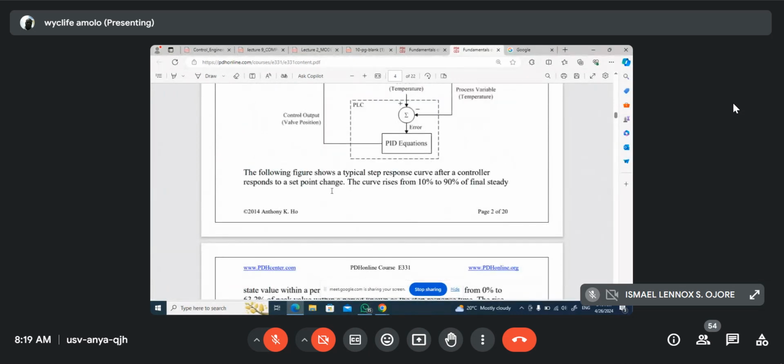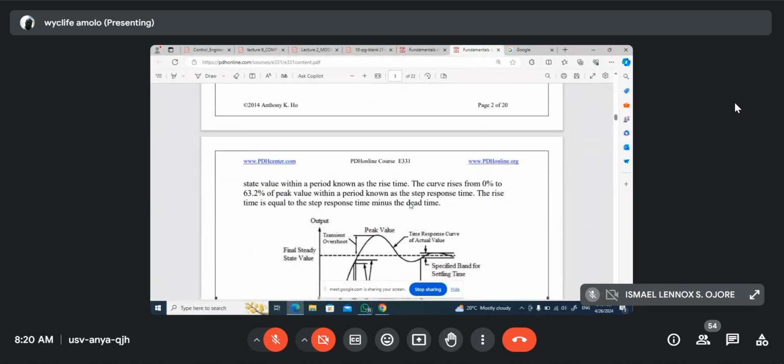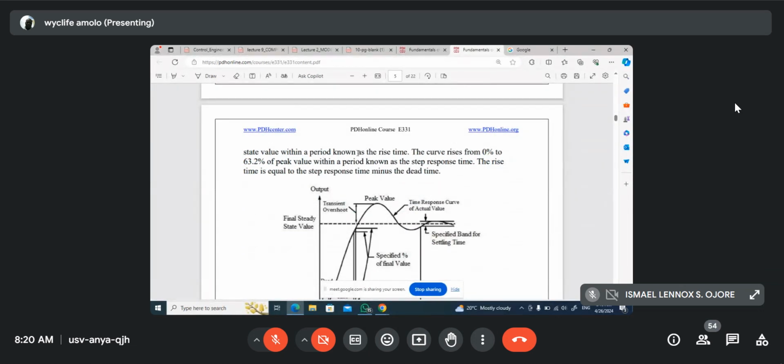The following figure shows a typical step response curve after the controller responds to a change in the set point. The curve rises from 10 to 90% of the final steady state value within a period known as rise time. The curve rises from 0 to 63.2% of the peak value within a period known as the step response time.